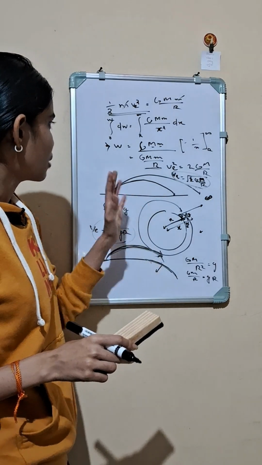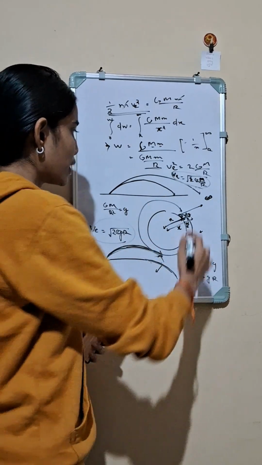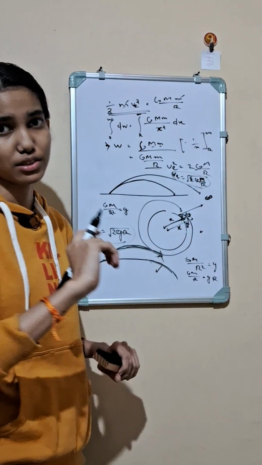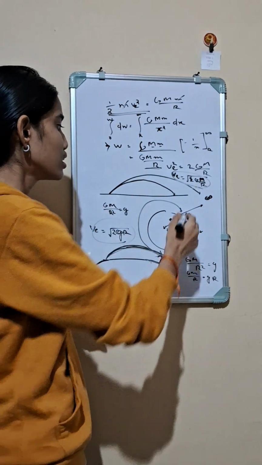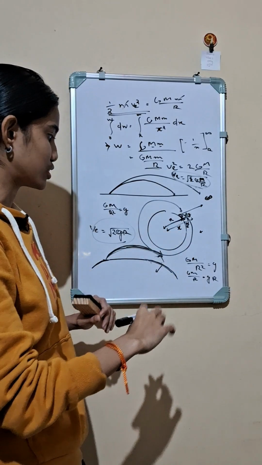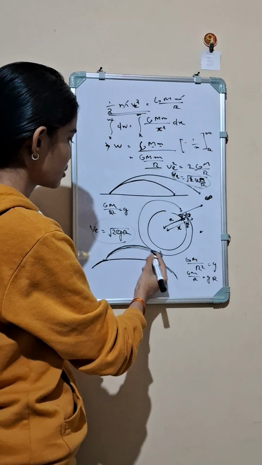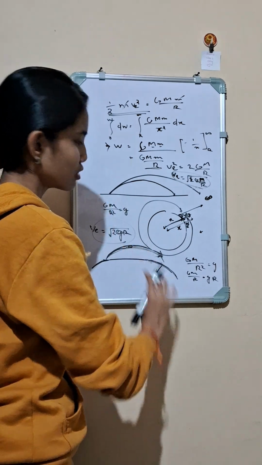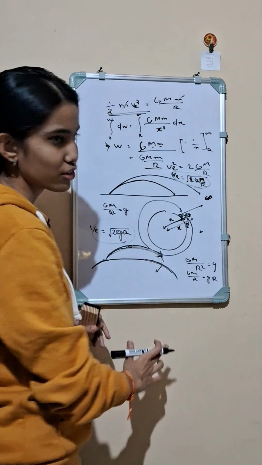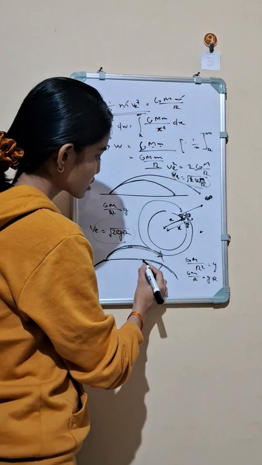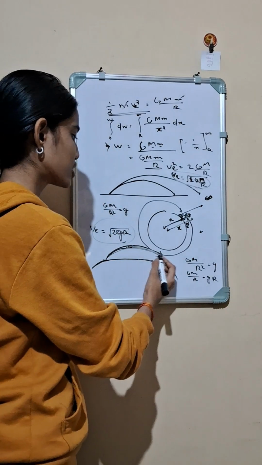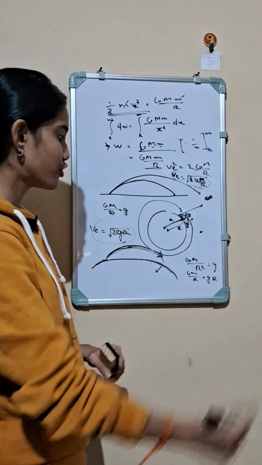So this is all about the escape velocity. But when we want to just orbit Earth, just like space stations, actually this is the situation of a space station. Here the space station is likely to fall down, but as the surface is curved, it is unable to fall down, and it is continuously in free fall.